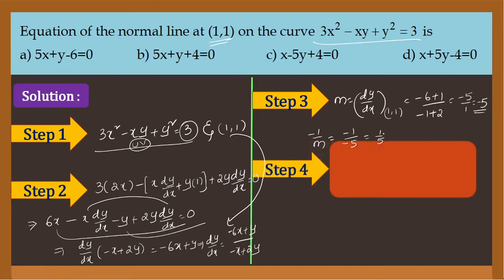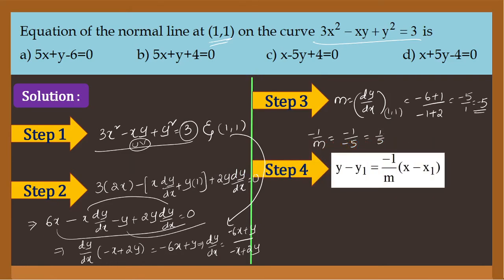Now the equation of the normal is y minus y1 equals minus 1 by m into x minus x1. Here (x1, y1) is the given point, and minus 1 by m is the slope of the normal. So y minus 1 equals 1 by 5 into x minus 1.